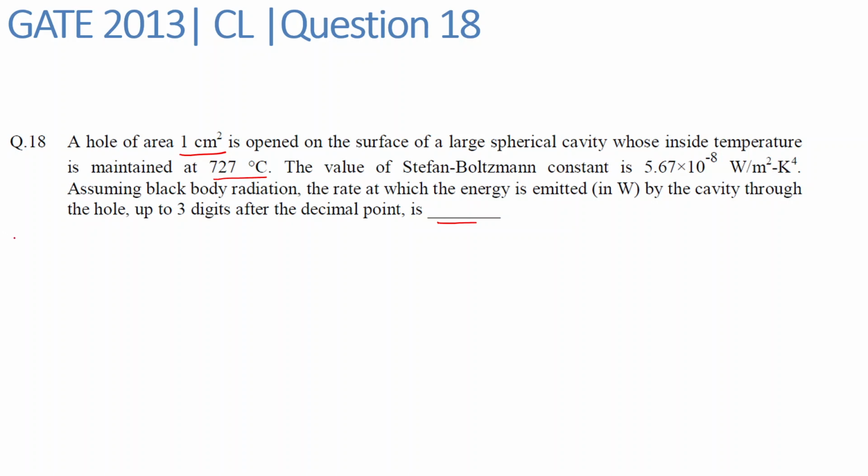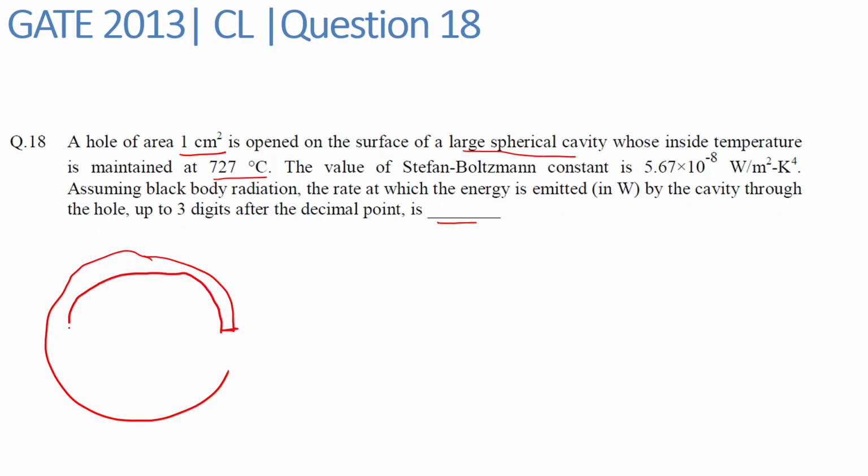So in this question we have been given a large spherical cavity. So let us consider this large sphere. This is our spherical cavity, in which the hole has an area of 1 centimeter square, that is 10 raised to minus 4 meter square, and the inside temperature is maintained at 720 degrees Celsius, so that is 1000 Kelvin.